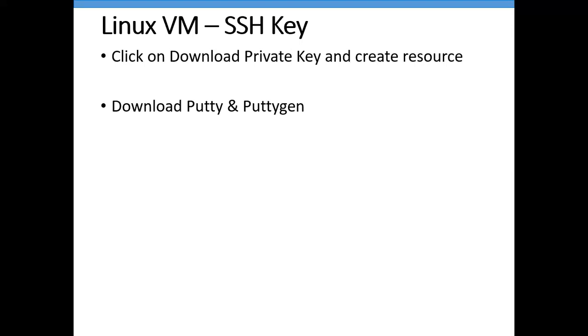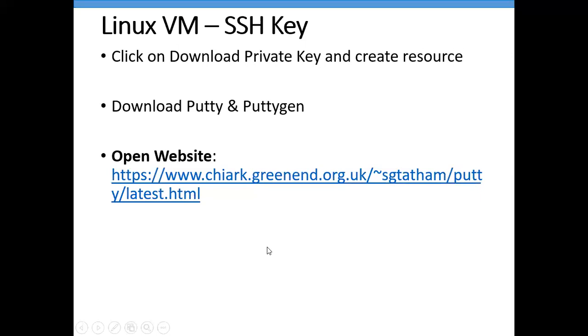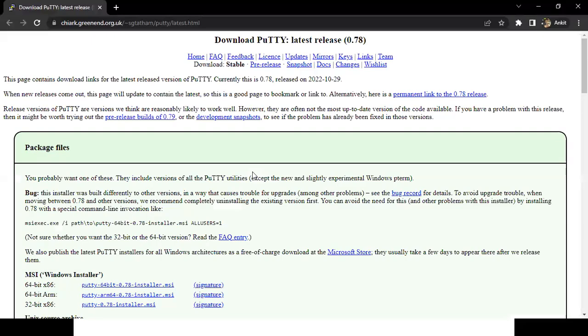From where can I download this PuTTYgen? From the same website from where we downloaded Putty, I can download PuTTYgen also. The website details I have already shared with you in the chat box, and I'm again opening the same website. See, it's the same website.